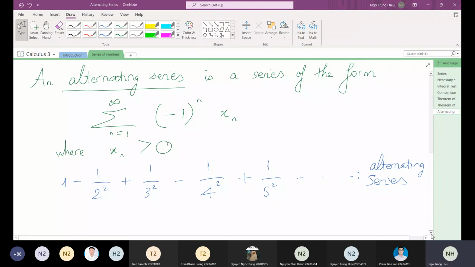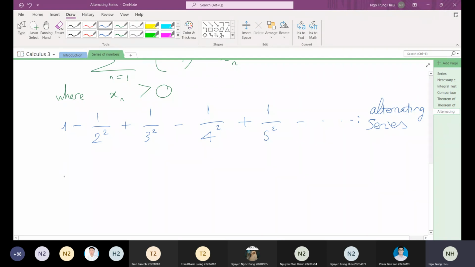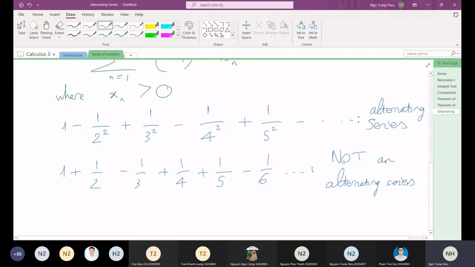However, if we have a series like 1 plus 1/2 minus 1/3 plus 1/4 plus 1/5 minus 1/6 and so on, this is not an alternating series, because alternating means that the signs plus and minus have to alternate next to each other, right?